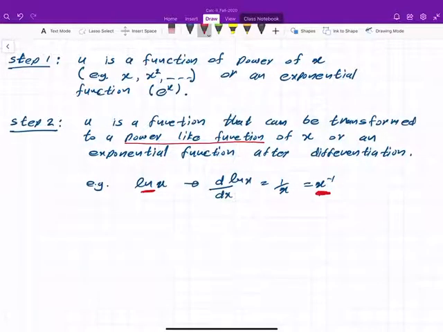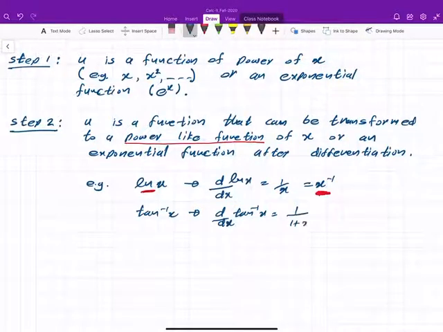In the next case, just consider tan inverse x. The derivative of tan inverse x is 1 over (1 plus x squared).